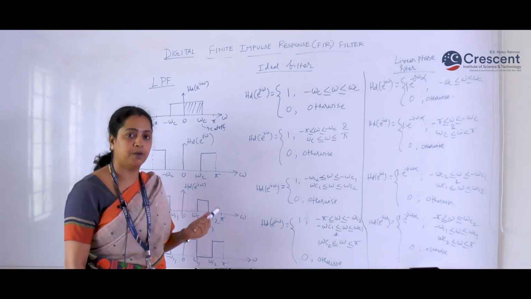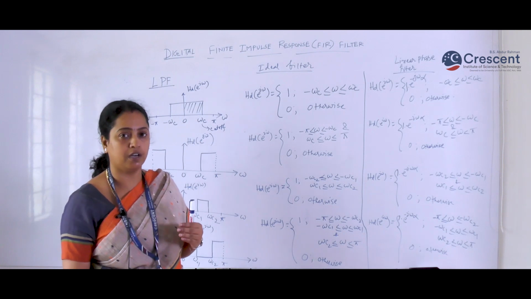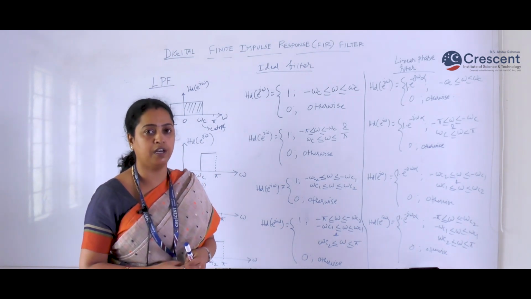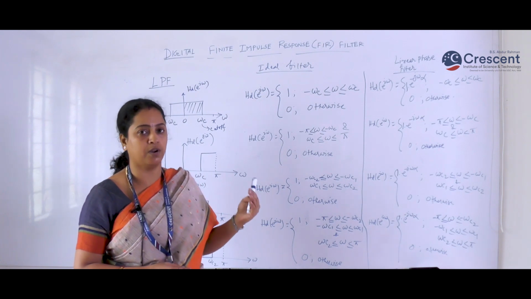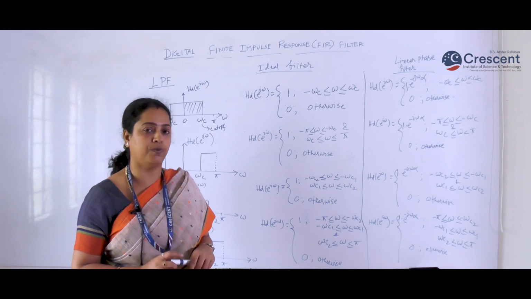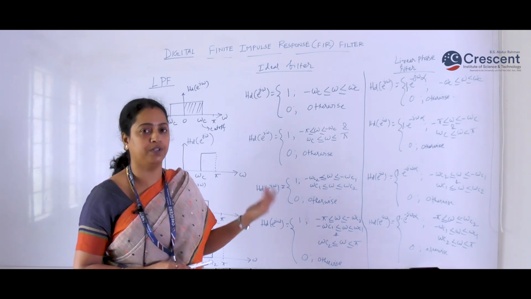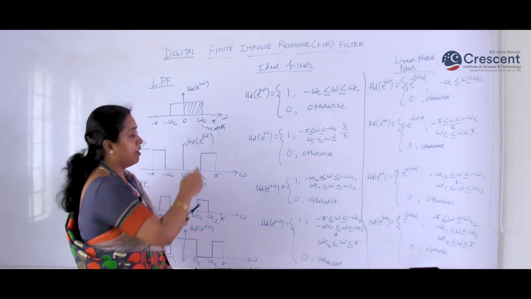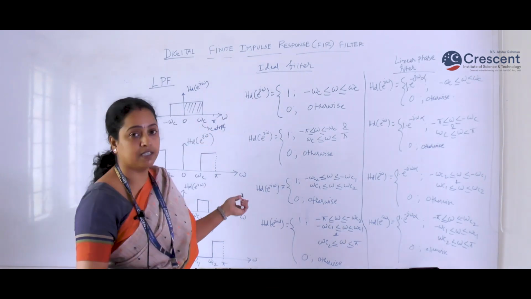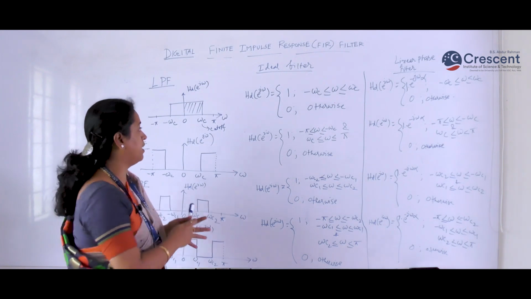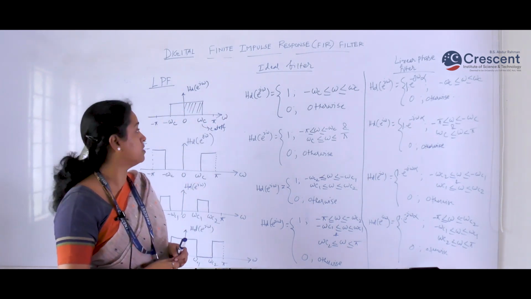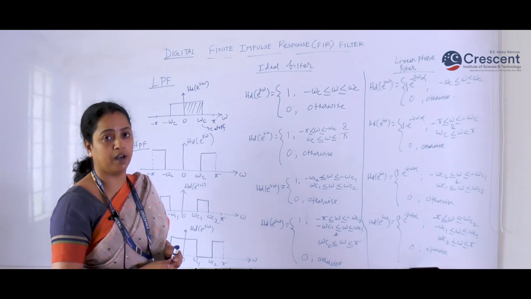There, in the first step, we have seen that we first identify what specification is given, and then we draw the specification in terms of either low pass, high pass, band pass or band stop. Based on the specification, we find out which category the filter belongs to. Here I have drawn the magnitude response characteristics for low pass, high pass, band pass and band stop, where the x-axis is omega and the y-axis is the frequency response Hd(e^jω).